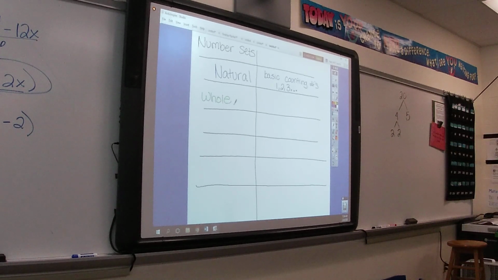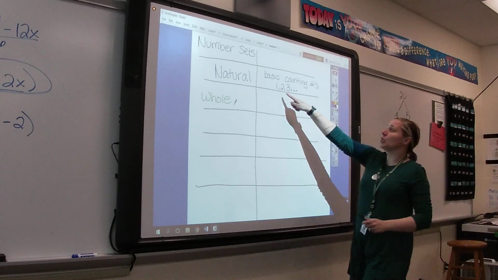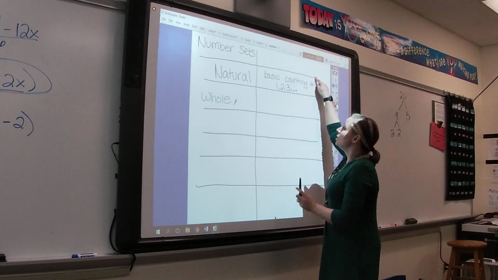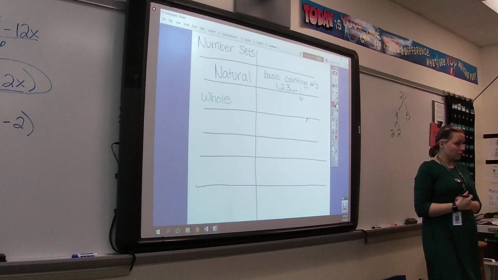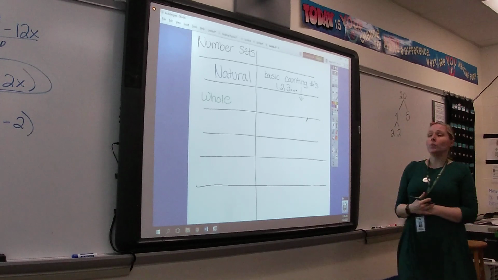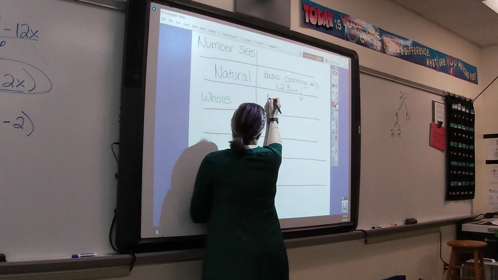So our next number set, the whole numbers, this is important to understand, is not a new set of numbers. Once a number is in, the number stays in. So all of these numbers still count, and we are adding 0.